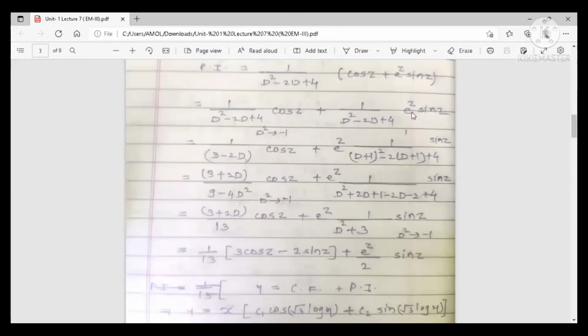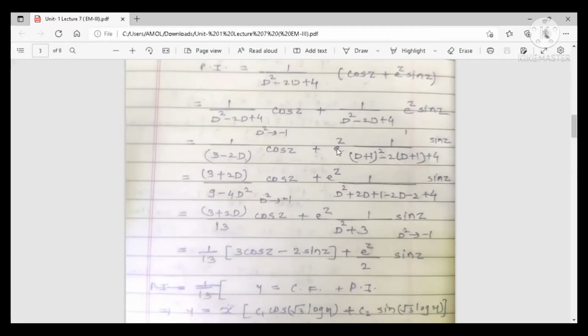Now the second term is e raised to z into sin z. So here use case 5 or type 5 of the shortcut method, because there is a product of two functions. One of them is exponential and the second one is a trigonometric function. So you replace the term of D by D plus 1, because we are going to solve for the exponential function first.